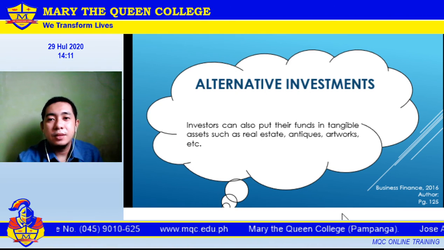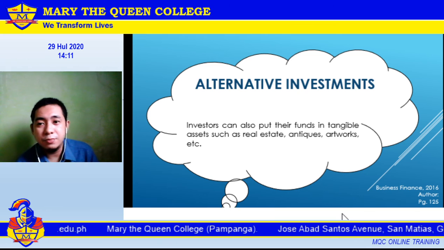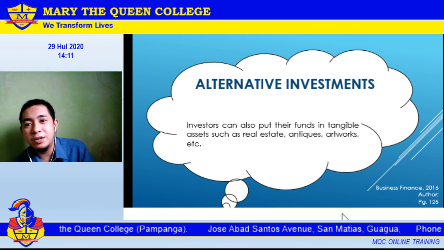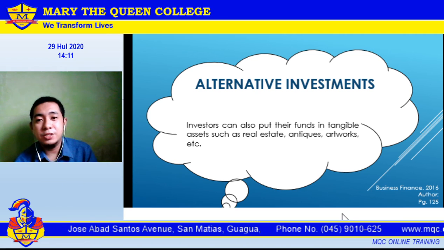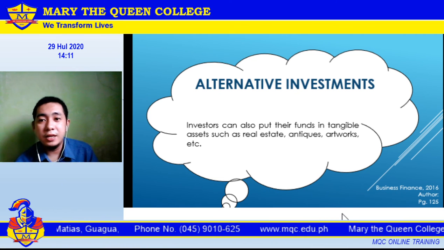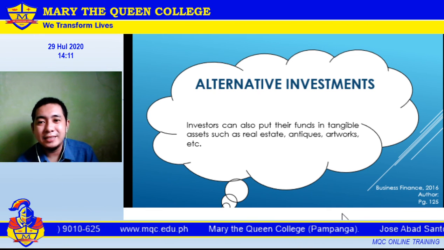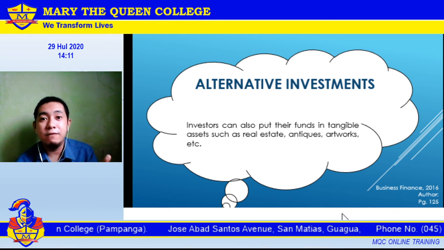Okay? And then, we have what we call alternative investments. Investors can also put their funds in tangible assets such as real estates, antiques, artworks, and etc. Just a trivia, these are the things na hindi nadi-depreciate. No? Tangible assets such as antiques, artworks, depend on their historical value.